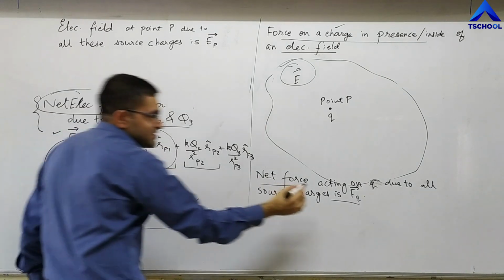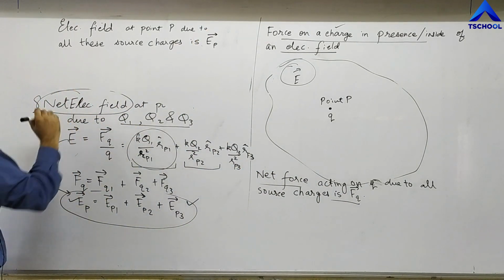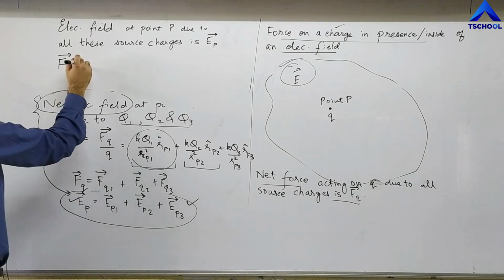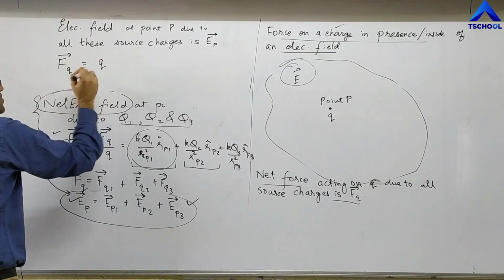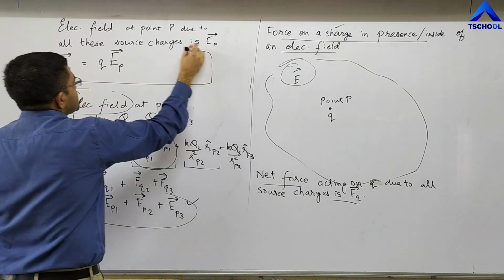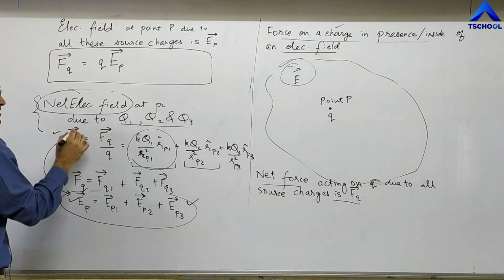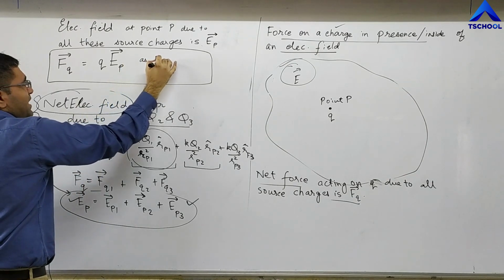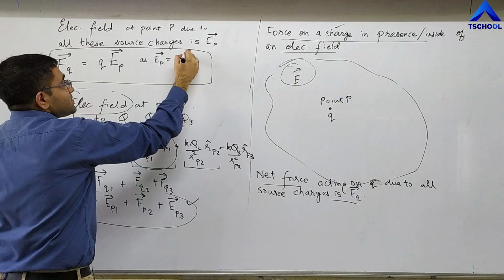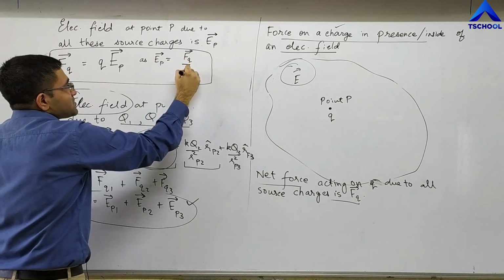So I can relate this net force acting on the charge and the electric field at that point by a very simple relation, and that relation is Fq is going to be equal to q multiplied by the electric field vector at the point P. This is an extremely important relation, which obviously comes from the definition of electric field at P. Electric field at P is given by the force acting on that charge q at that point, divided by the charge q itself.